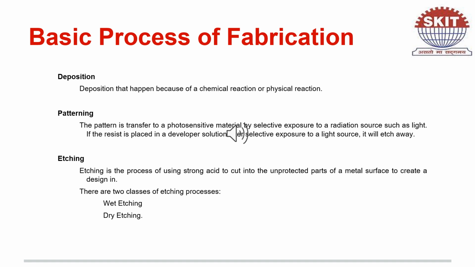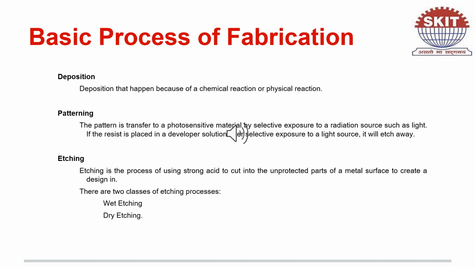First is deposition. The deposition will happen because of a chemical reaction or some physical reaction. Basically, deposition is a process in which a thin film of material is deposited on a wafer, and during the fabrication of a microsystem several layers of different materials are deposited.